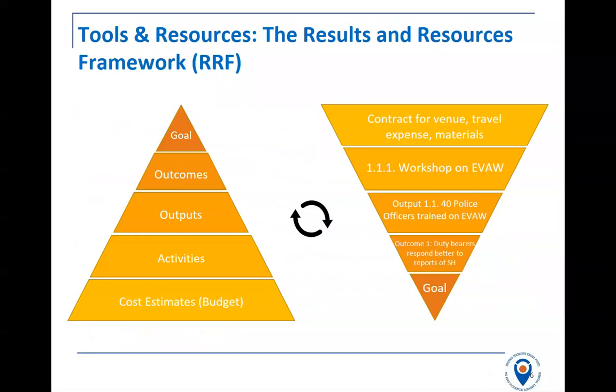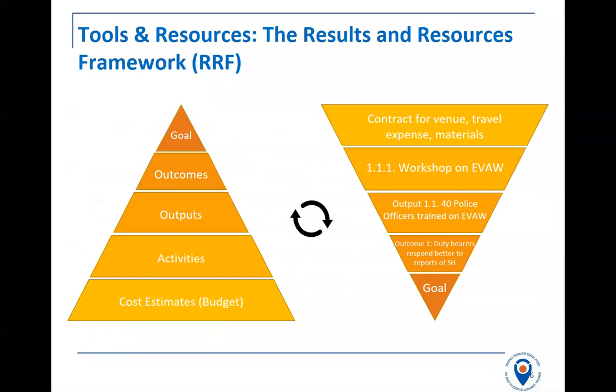Every activity, every budget needs to be linked to an activity. So in this pyramid, there are some expenses for a contract for a venue, travel expenses and materials, and this has been linked to an activity 1.1.1, a workshop on ending violence. And this workshop is going to contribute to output 1.1.